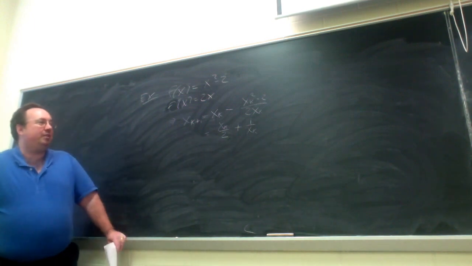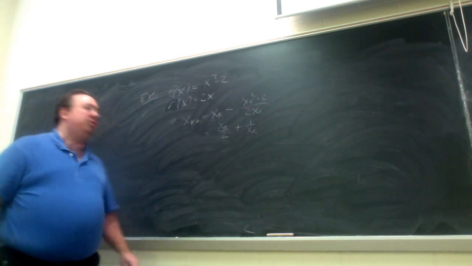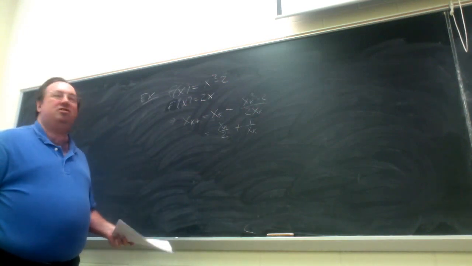So now I have an iteration that will compute the square root of 2 for me, using just simple operations, addition and division.